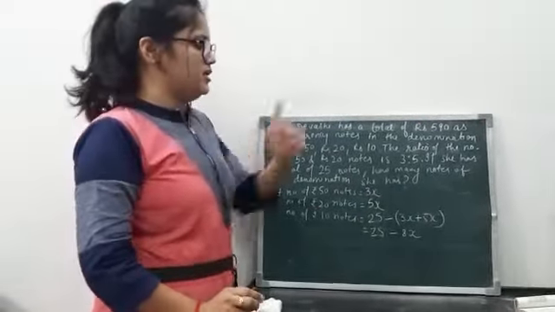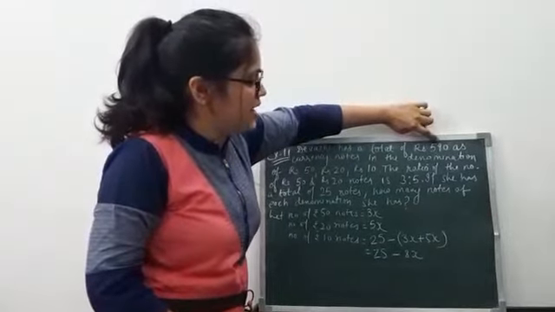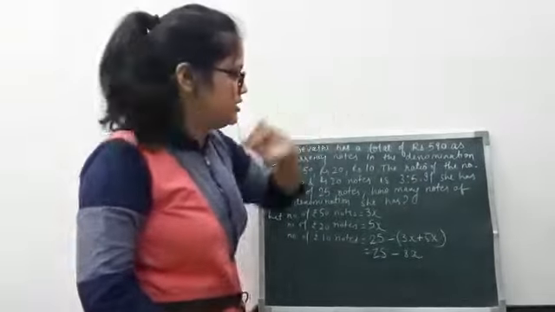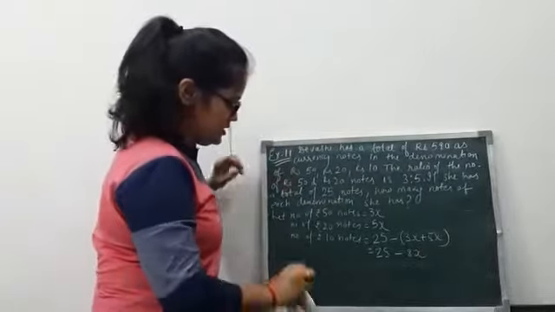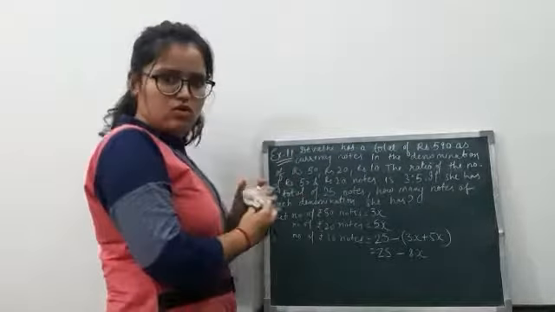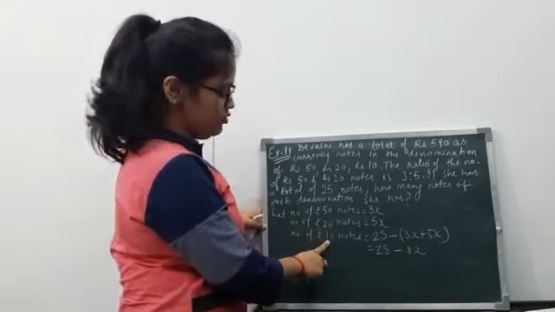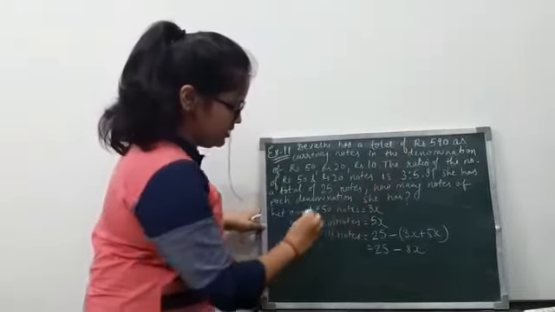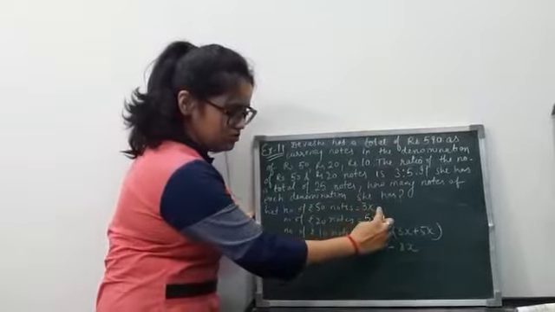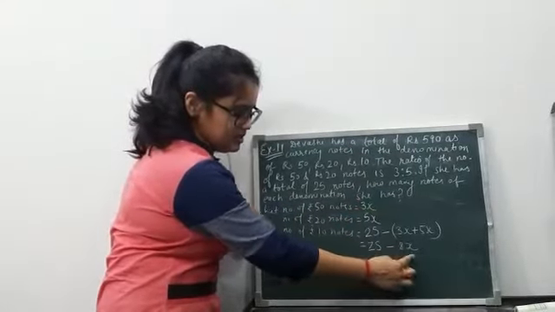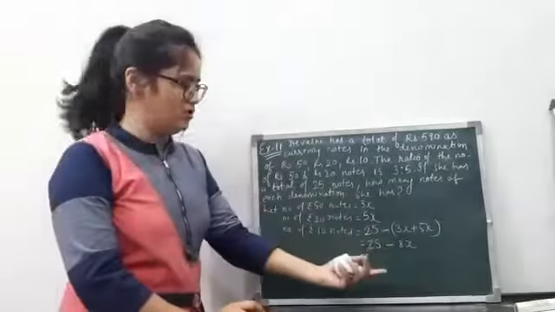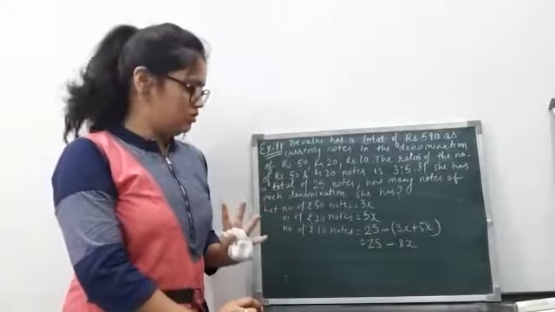The total money that she has is 590 rupees, which is given in the beginning. So the sum of the money that she has in 50 rupees, 20 rupees and 10 rupees is equal to 590. I cannot just write 3x plus 5x plus 25 minus 8x equals 590. That will be a totally wrong equation.